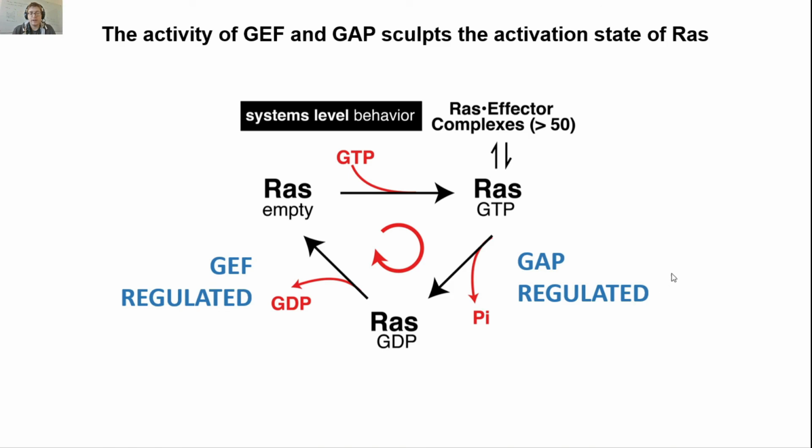And then, in terms of what types of signaling outcomes are produced, the amount of GAP that's present in the system is going to control how much GTP-bound Ras is getting converted into GDP-bound Ras. And the amount of GEF in your system is going to set how much GDP-bound Ras gets converted into GTP-bound Ras. And so the activity of GEFs and GAPs working together with this GTPase can control how much Ras is on and how much Ras is off.